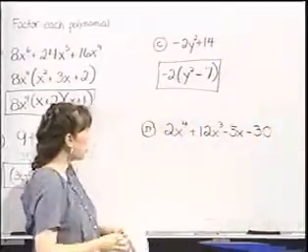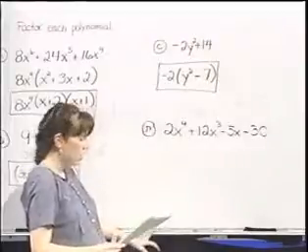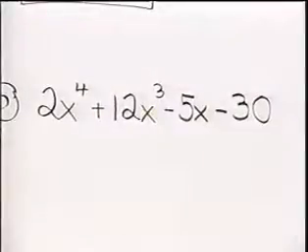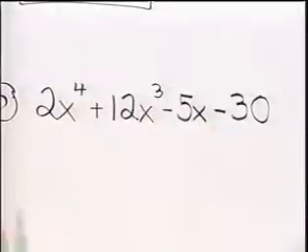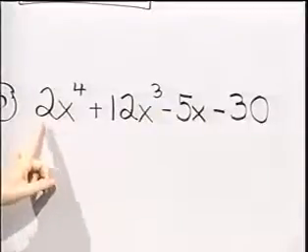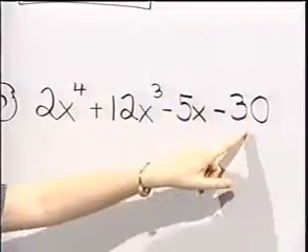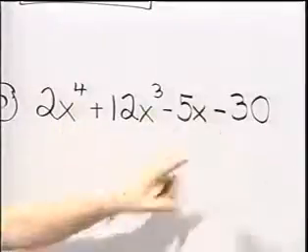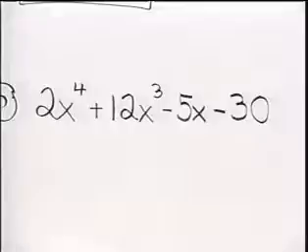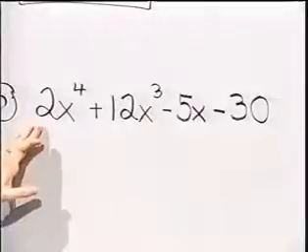That's 2x to the 4th plus 12x cubed minus 5x minus 30. First step is try to remove any common factor from each of those terms. Well, if you notice, there's no number that's common to each of those terms. There's no variable either that you can remove, and therefore you can't factor out any common factor.